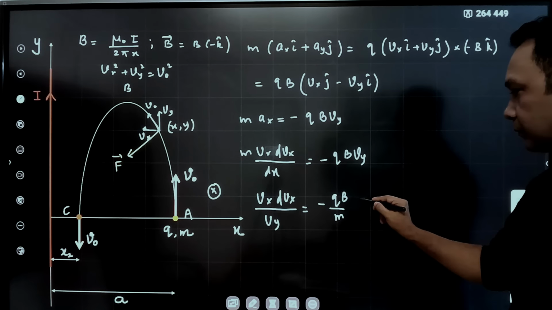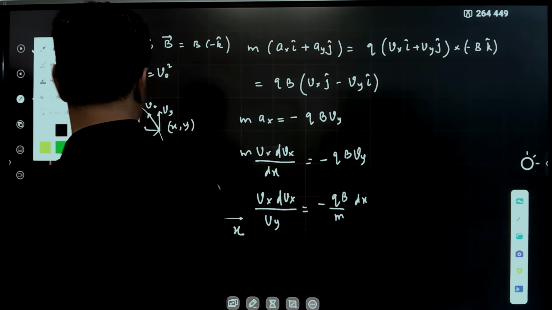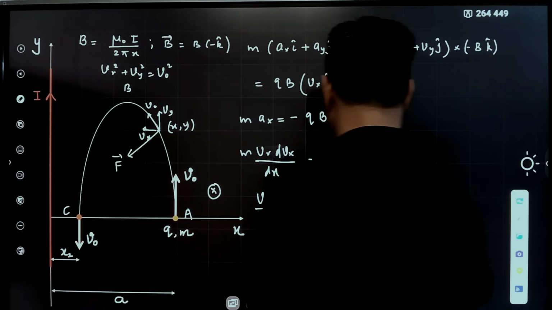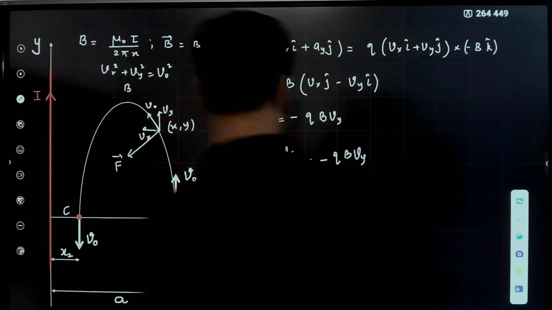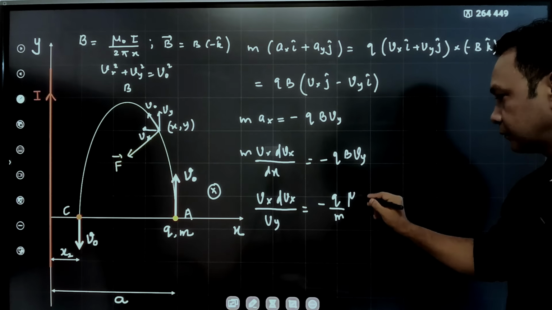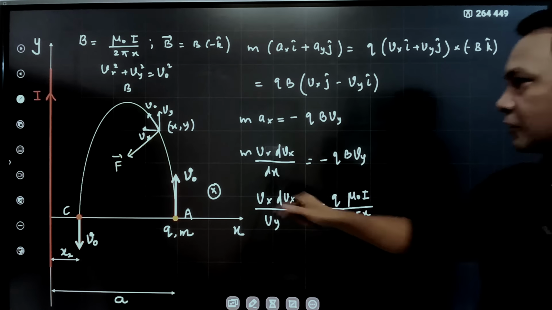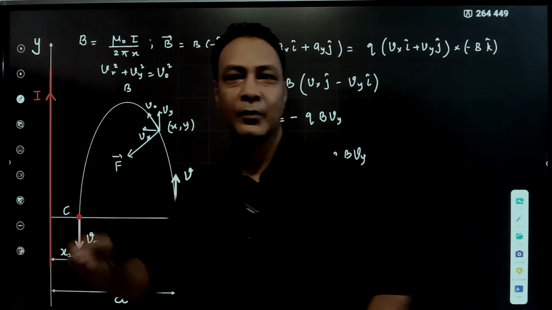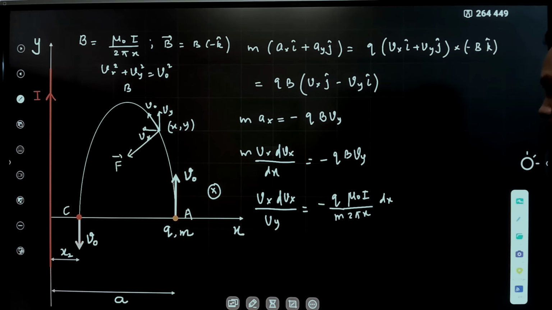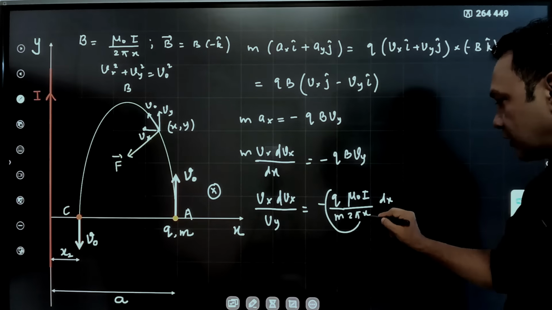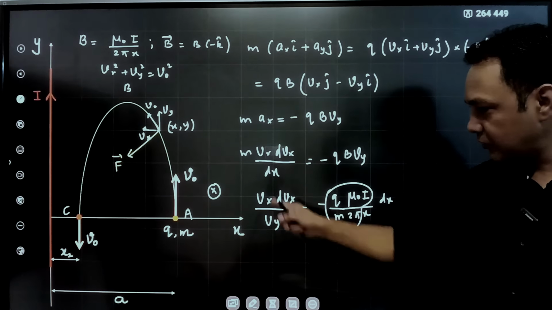At this moment I want to put the value of B. So if I put the value of B here, B is mu naught I divided by 2 pi x, at a distance x from the wire, and dx will come here.